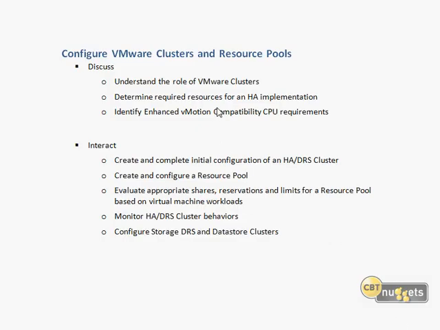You will leave this nugget having an understanding of the role of VMware clusters and also the resources that are required for HA. I'm going to tell you what the implementation tasks are, but I also want you to understand some of the more design, more strategic tasks as well, because I see it happen all the time where people turn on HA and they don't do it smartly, and consequently they end up creating problems for themselves.